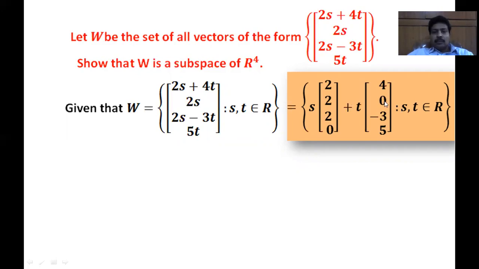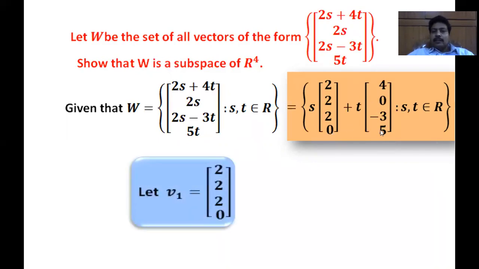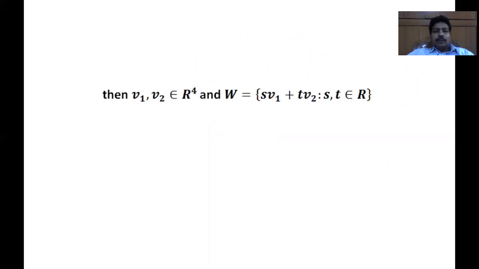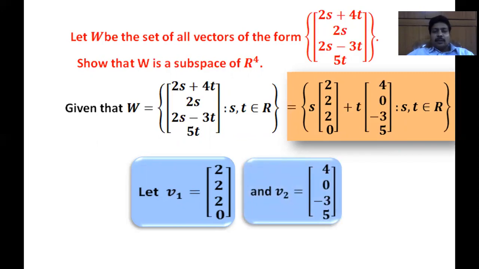That's why it is taken as 0, and minus 3 and 5, such that s, t belong to R. This column matrix can be written as the combination of these two vectors. So now this is my v1 and this is my v2. We can see that there are 4 entries in v1, v2. That's why v1, v2 belong to R4.